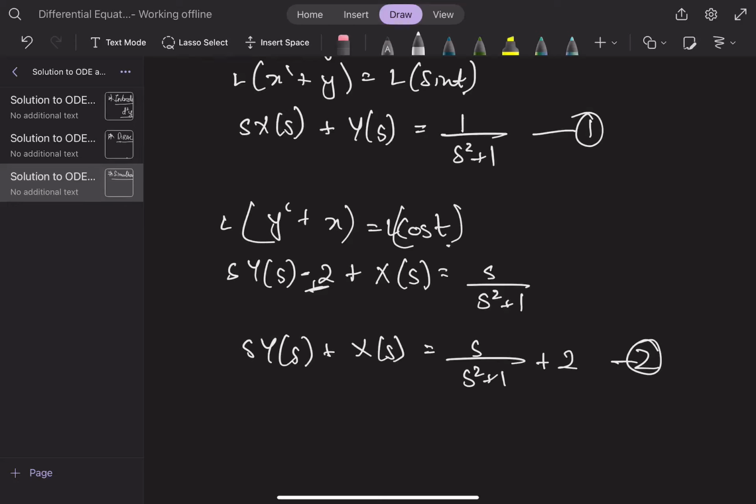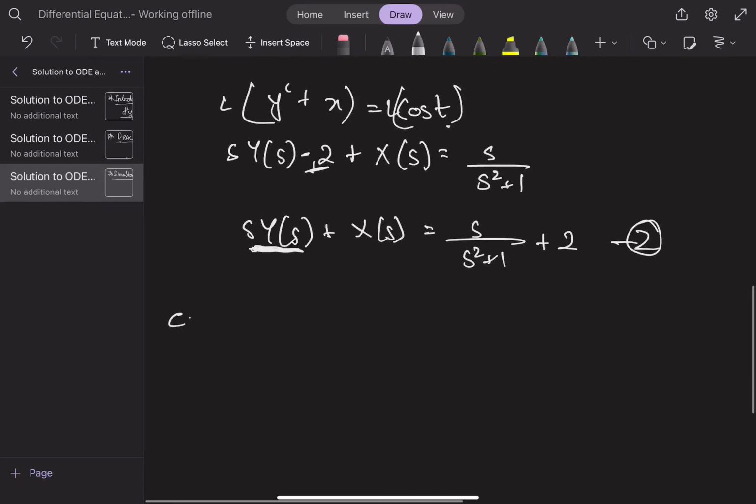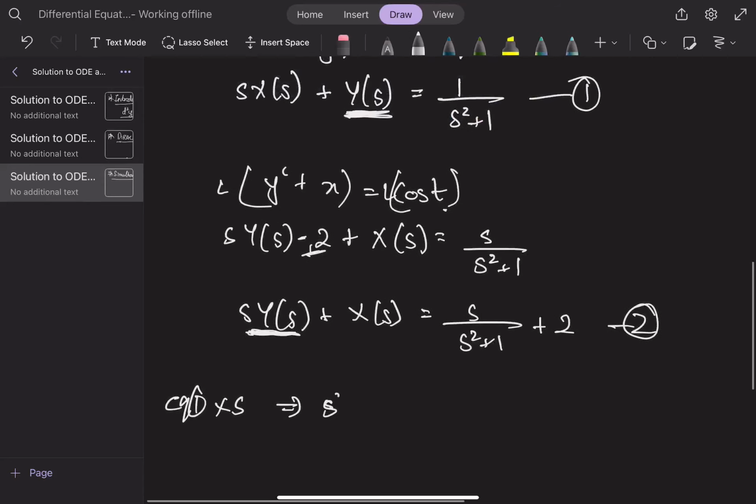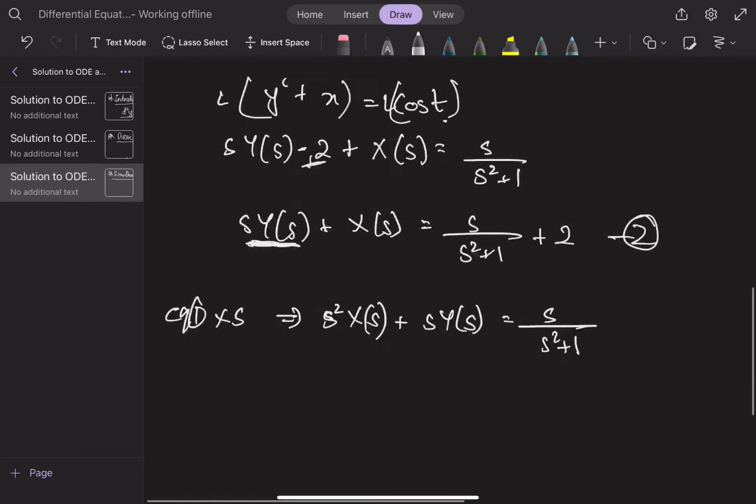So let's eliminate this. We'll multiply equation 1 by s so that we get sY(s) and it gets cancelled. So equation 1 multiplied by s will give you s square X(s) plus sY(s) is equal to s upon s square plus 1.